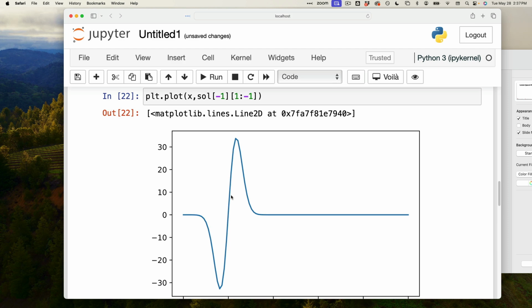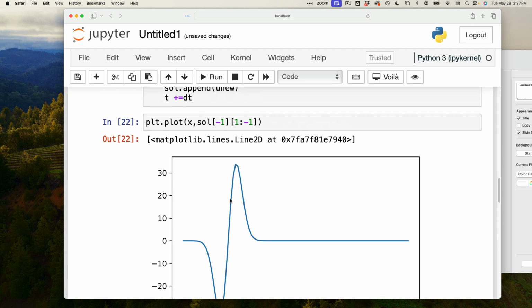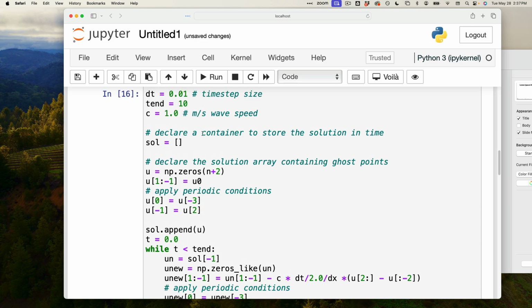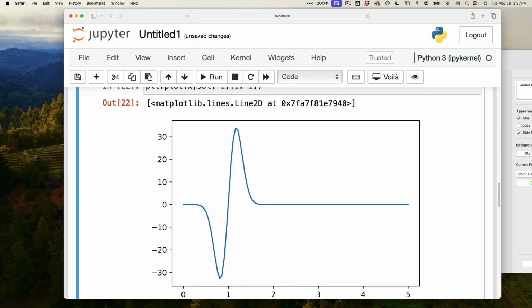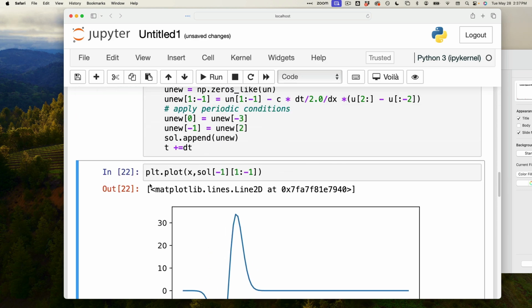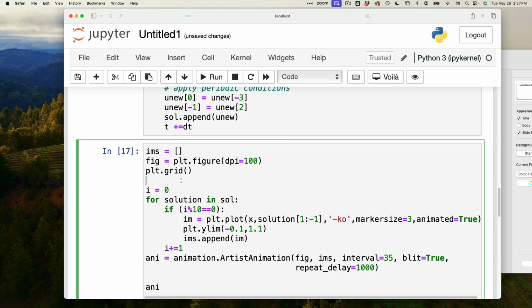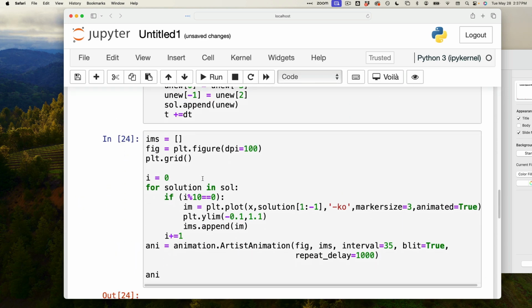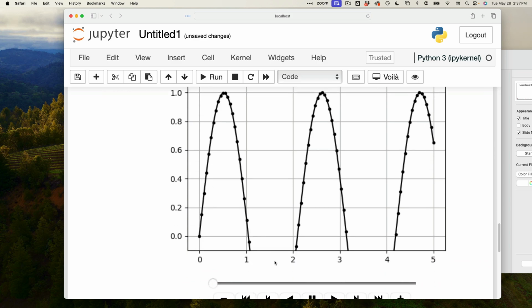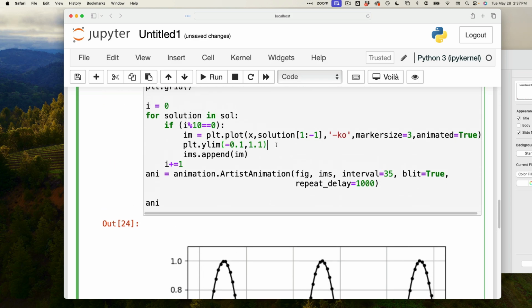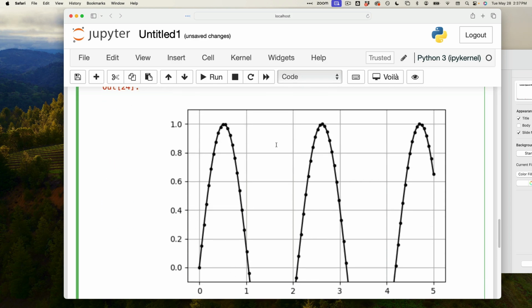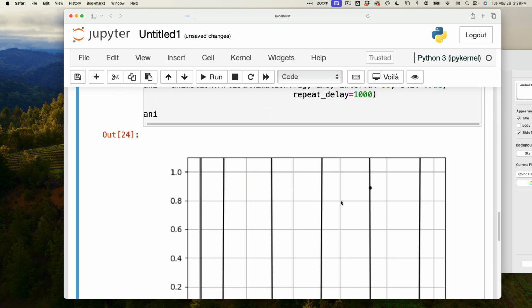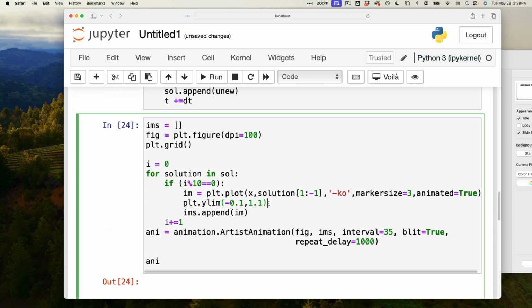This is not a Gaussian advection, okay? This is weird. Something is going on. Let's try the sine function. Now I'm going to try with the sine function, and I'm going to animate it again. Let's see what happens to the sine function. If you plot it, it just keeps growing to infinity.